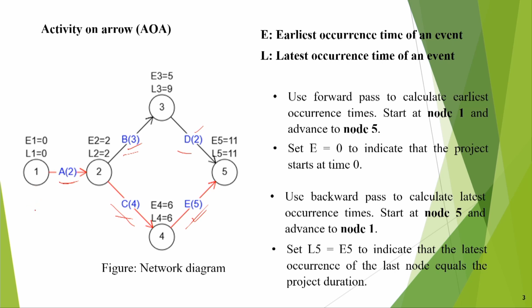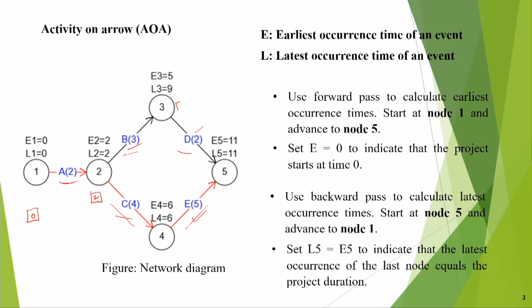As per Taha's book, sometimes we make a square there, where we can quickly put 0, and then here it takes 2 days. Okay. 2 days or 2 weeks, whatever the unit is. So, therefore, here you write 2. That is why event 2 occurs at 2, E2 is written as 2, and we make here now 2 and this 3.